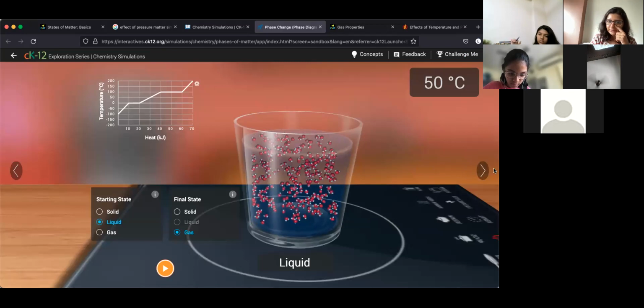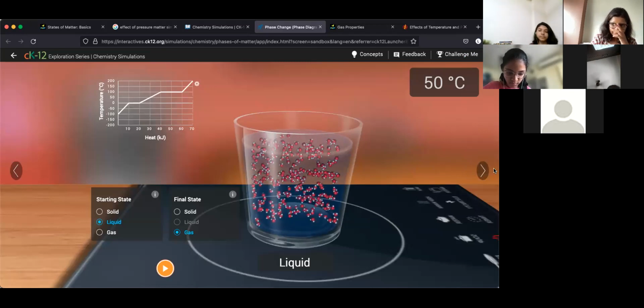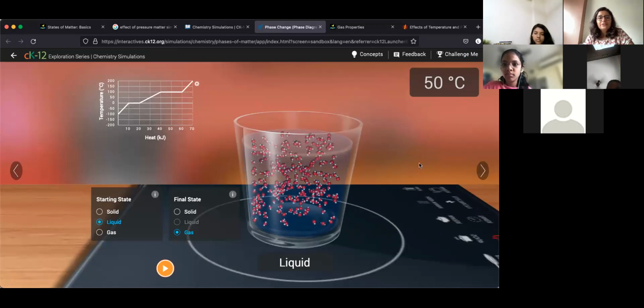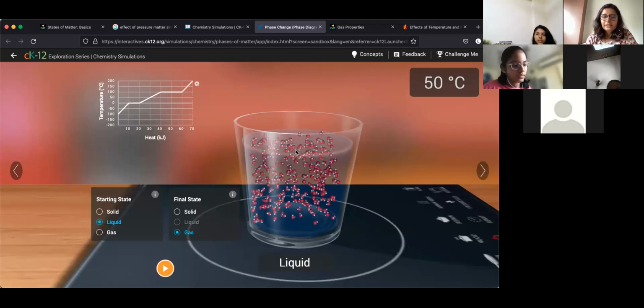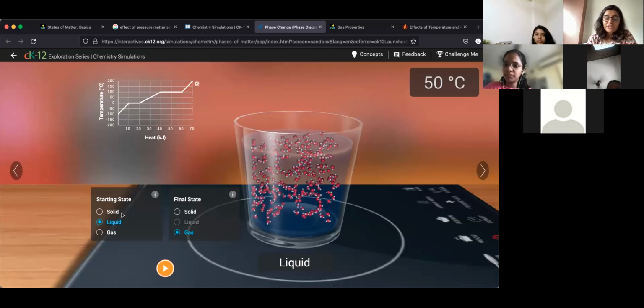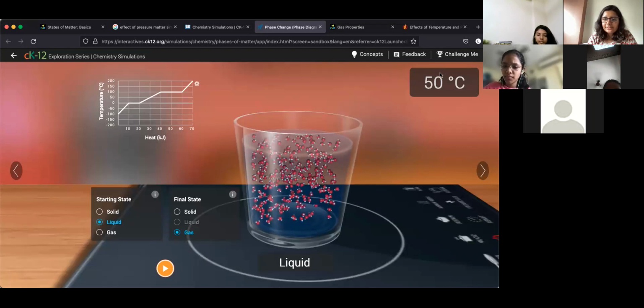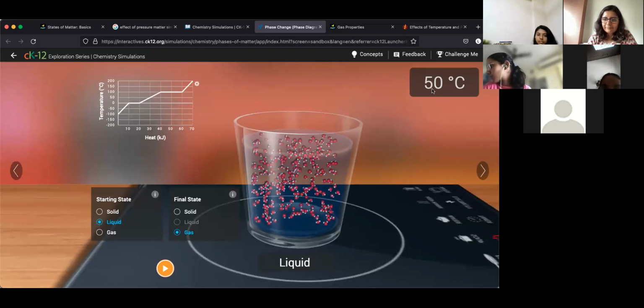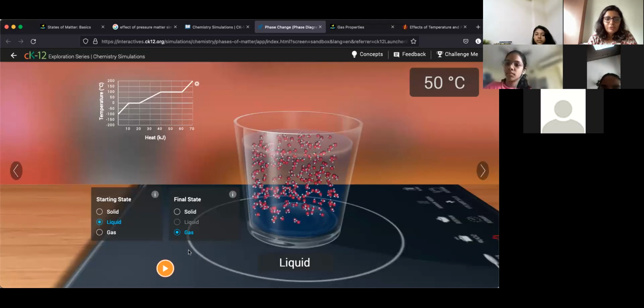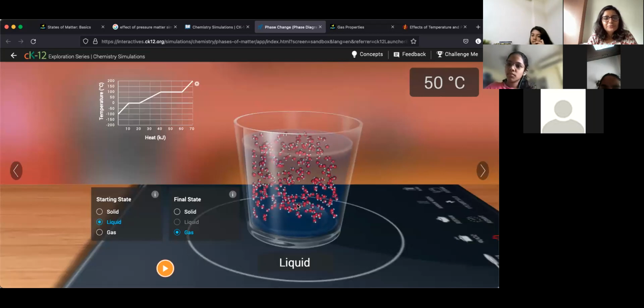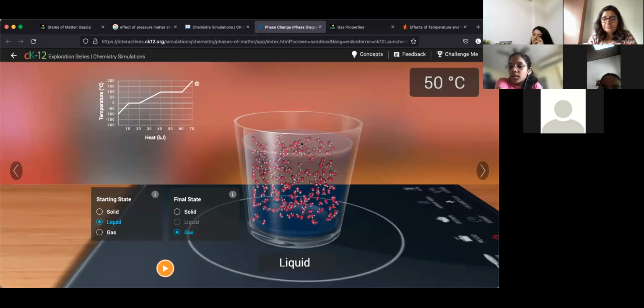Okay, everyone done? So I need you guys to observe this. We are changing state from liquid to gas, and we can see it is now at 50 degrees Celsius. I'm going to heat this water, and I need you to observe what is happening to these molecules.